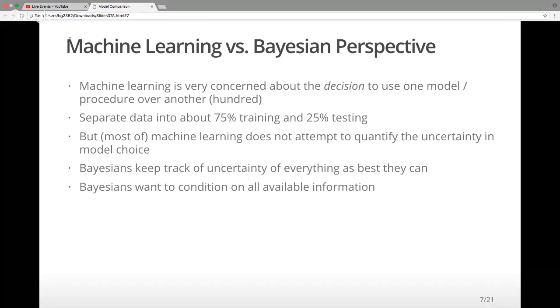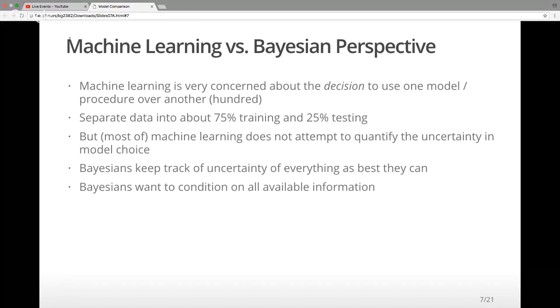Maybe like 75% of the observations you use in the training data set, those are the ones where you minimize some function to obtain parameter estimates, and leaving maybe the other 25% or so, it doesn't have to be exactly these percentages, as the testing data set, where those observations are not used to influence the parameter estimates. They're only used to obtain predictions, and then you compare the predictive accuracy of different models in the testing data set.